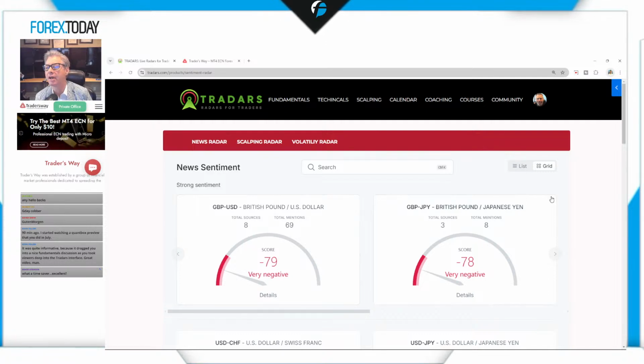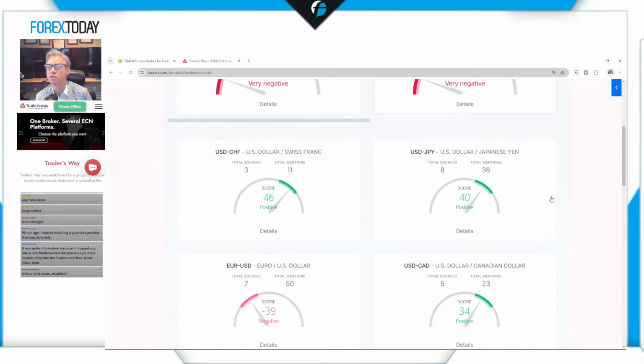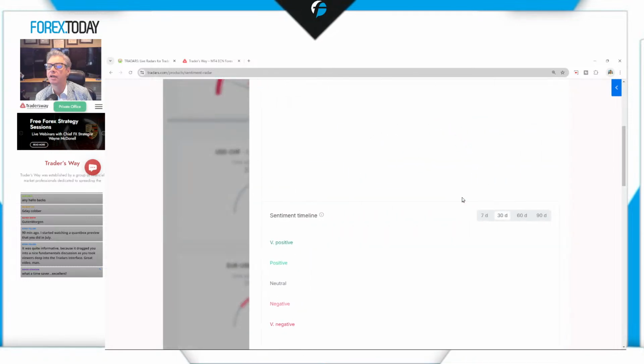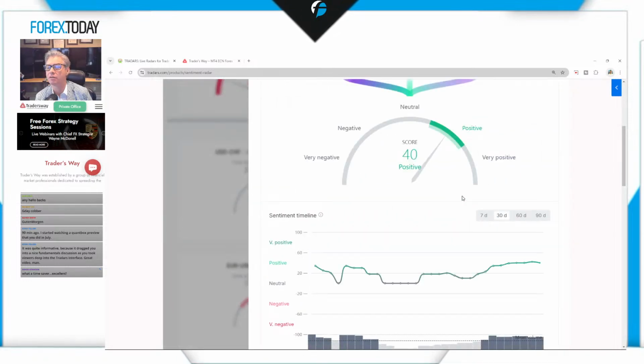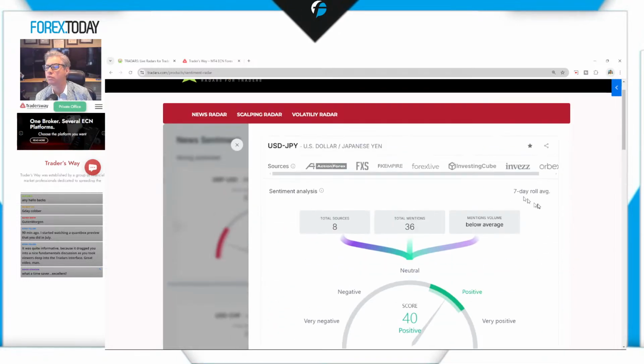But now you can have our AI actually gather the sources, okay, and then aggregate them and then give you a total score.